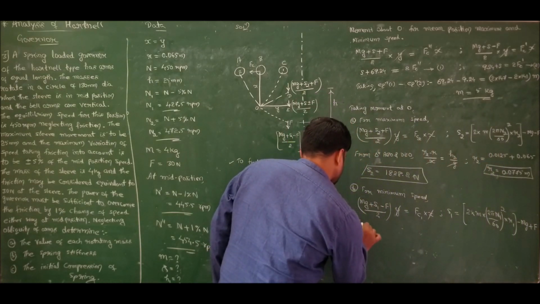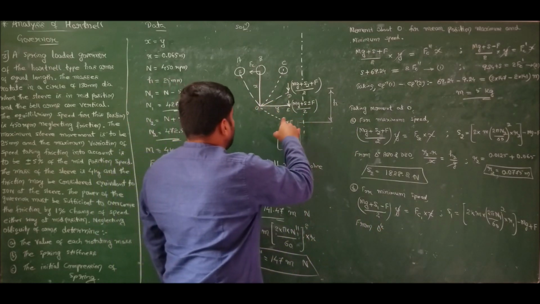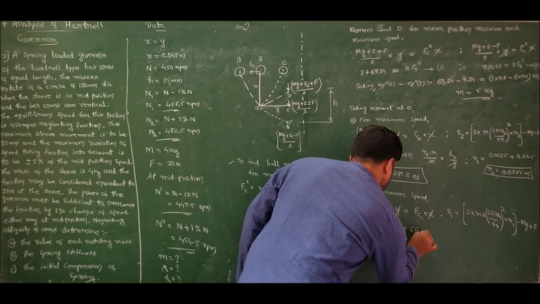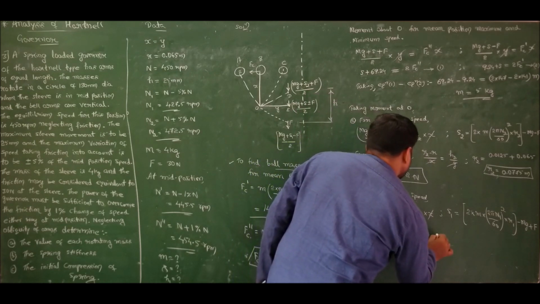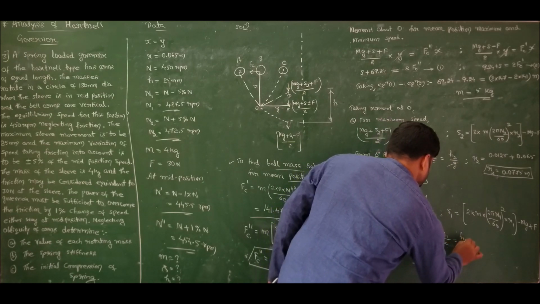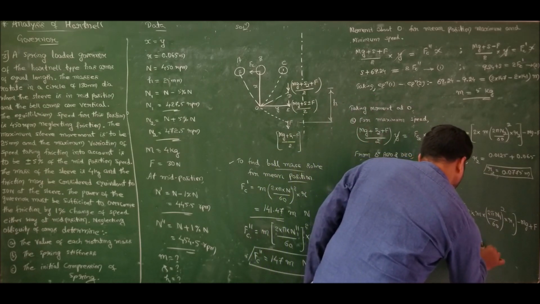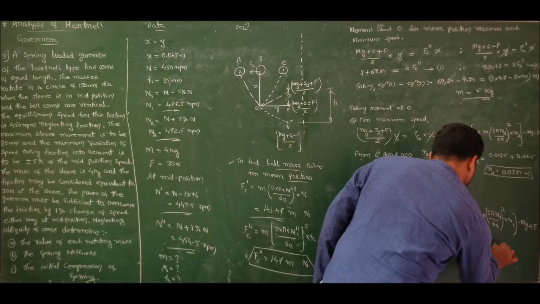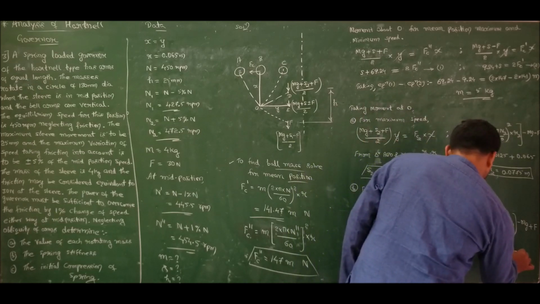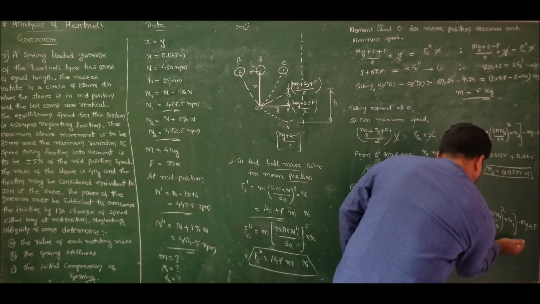Now from triangles BCO and EFO, I can write R minus R1 by X is equal to H1 by Y, cancel X and Y. So therefore R1 is R minus H1, where H1 is half of the total sleeve movement, 0.0125.